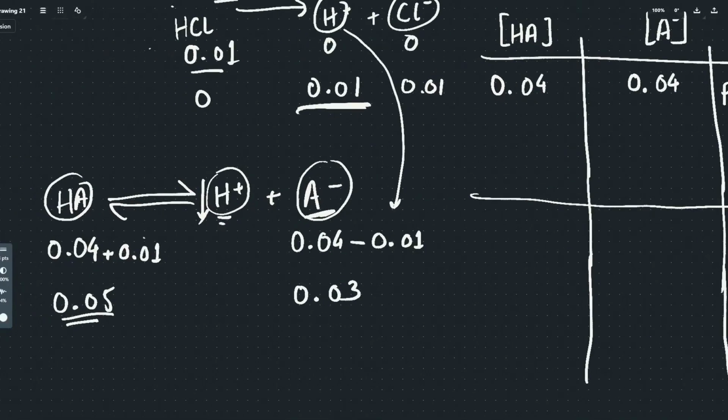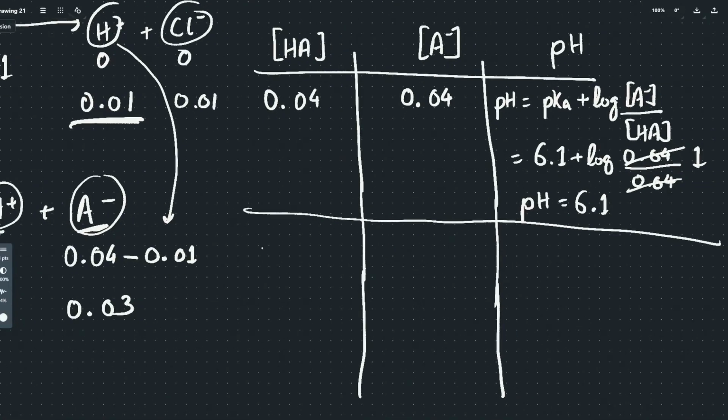Now let's say we add 0.01 unit of acid. It means that this 0.01 unit of acid will increase this HA. This will be added here, so 0.04 plus 0.01 becomes 0.05.